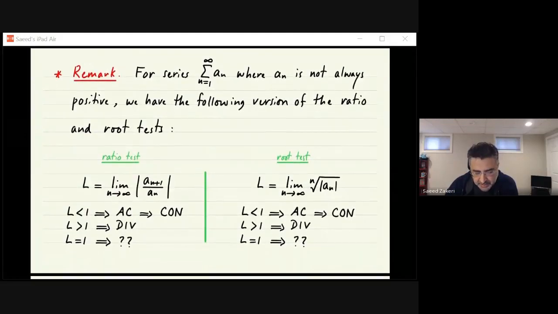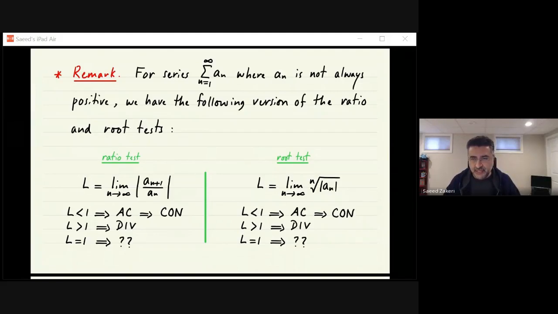This idea, when you go back and think about the ratio test and the root test that we talked about, gives us the following version of the ratio and root test for series sigma an in which an is not necessarily positive.